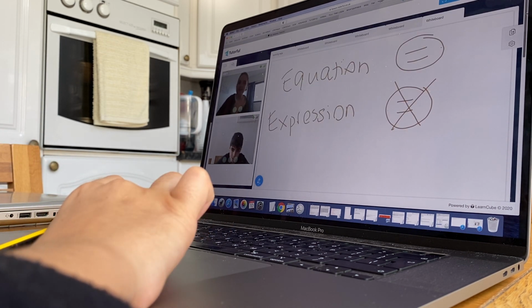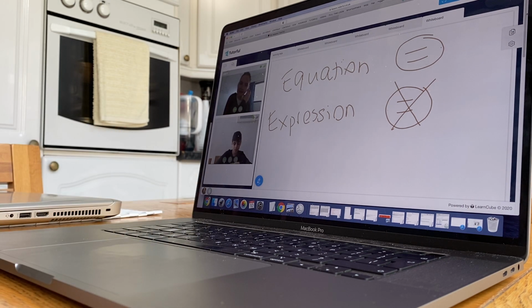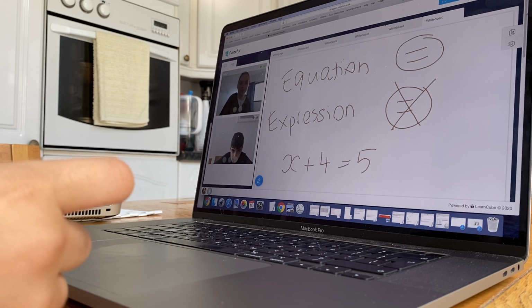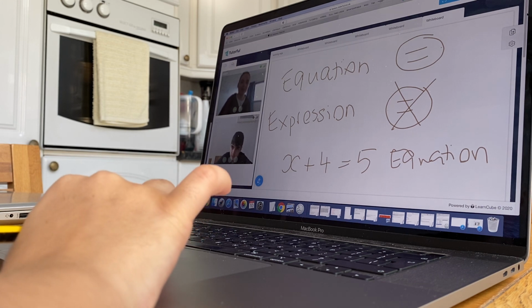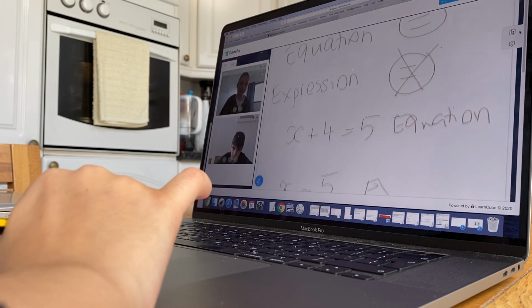Some examples. x plus 4 equals 5 is an equation. But x minus 5 is an expression.